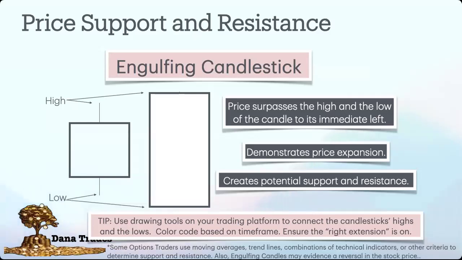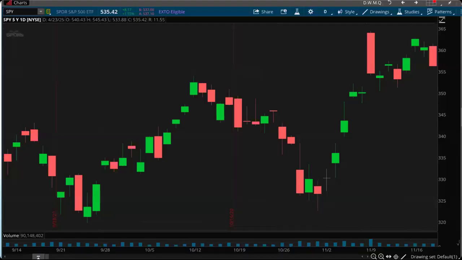Price support and resistance. In addition to demonstrating open price, close price, highest price, and lowest price, candlesticks can also provide clues as to price support and resistance. Price support and resistance tend to demonstrate points in a stock's price where a stock may reverse and go in the opposite direction.